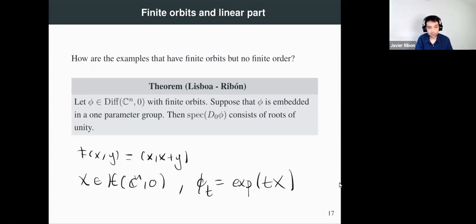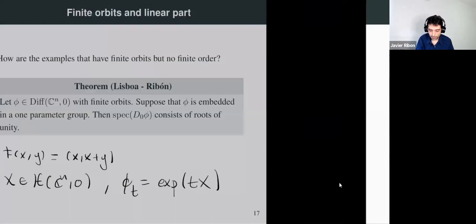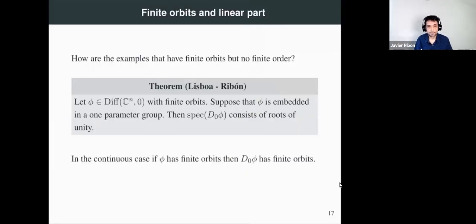Okay, you have examples in which the linear part also has finite orbits. So you have to go further than that. You have to try things that are not embedded in one-parameter groups. Okay, so it's just what I said.